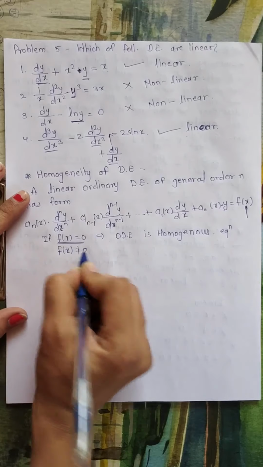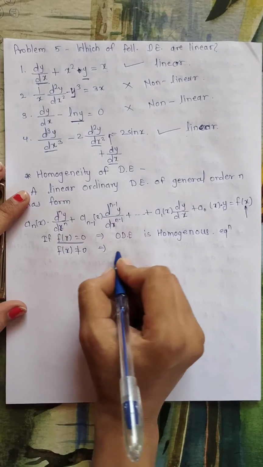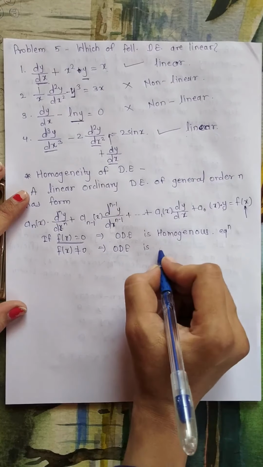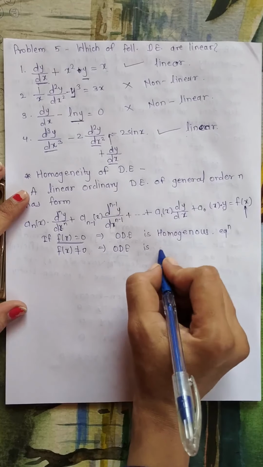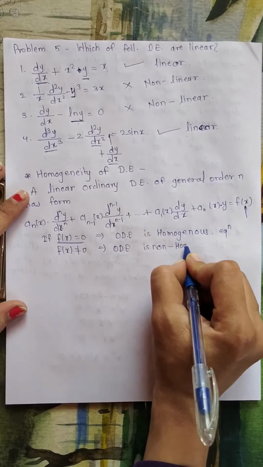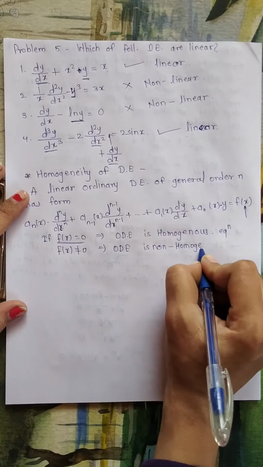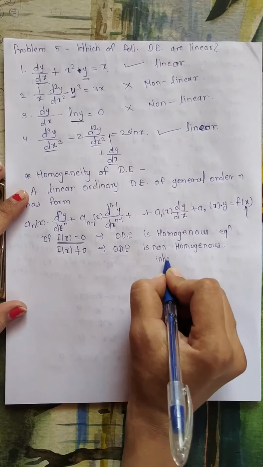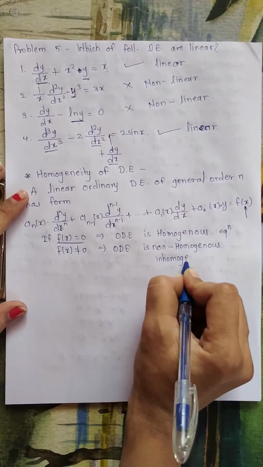And if f(x) is not equal to 0, then that type of equation is known as a non-homogeneous differential equation, also called an inhomogeneous differential equation.